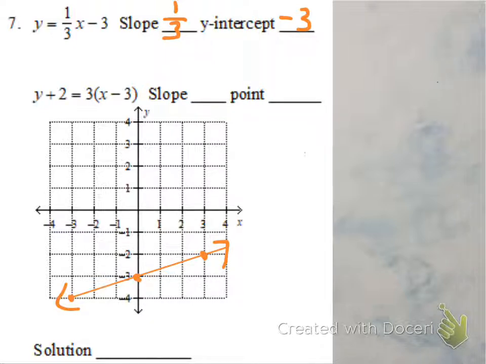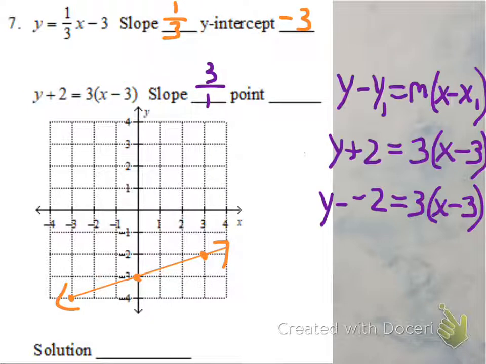The second line, slope of 3 over 1. The point, remember this is your x1 and this is your y1. And notice the formula has minuses already in it. So you should be able to tell that your point is 3, -2.